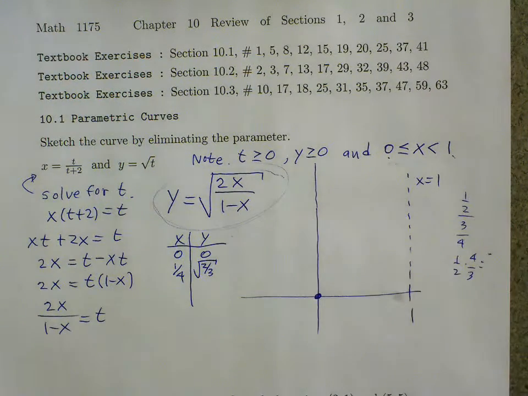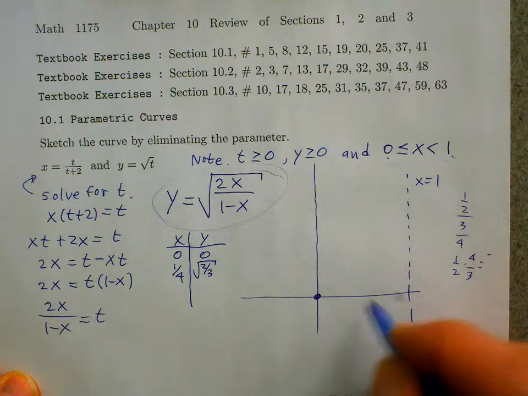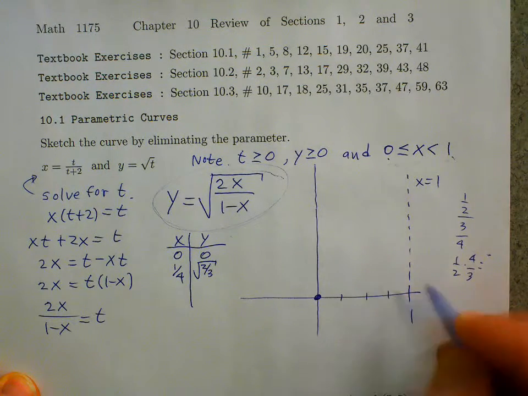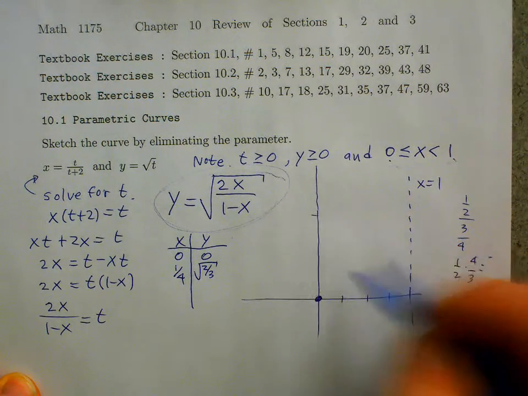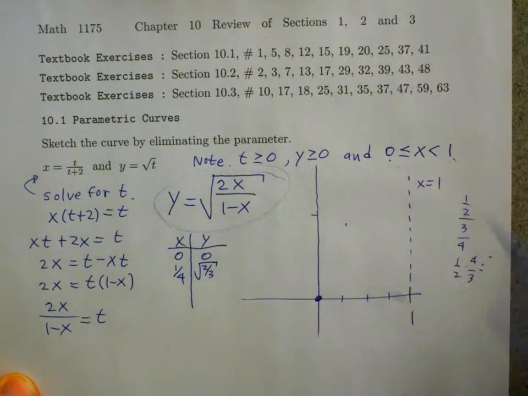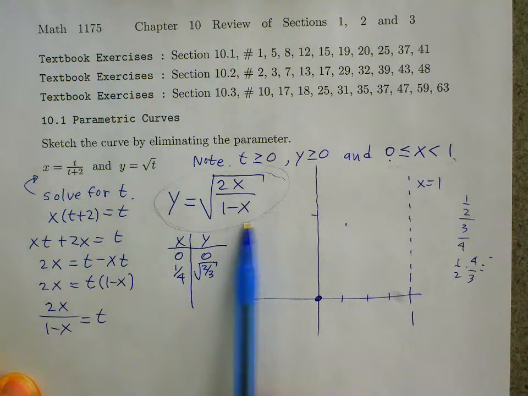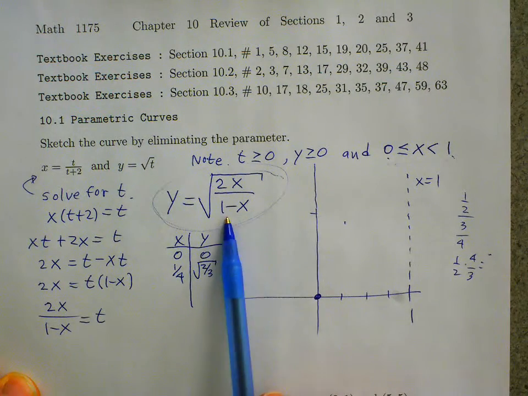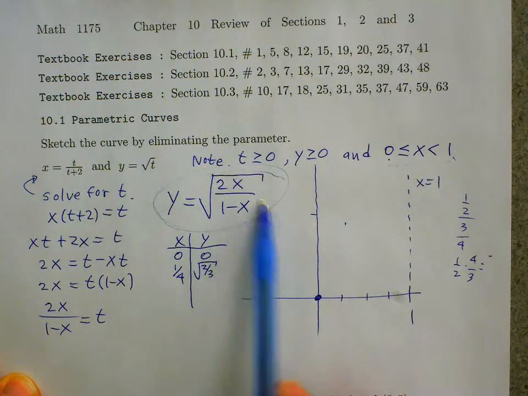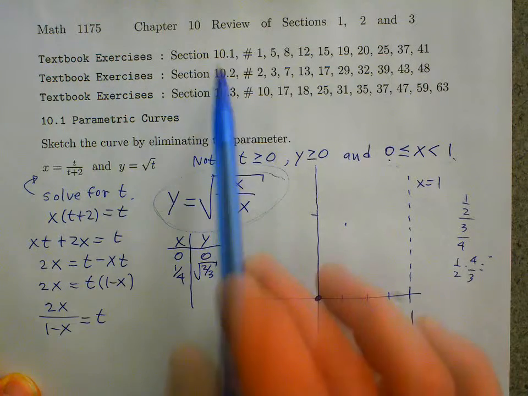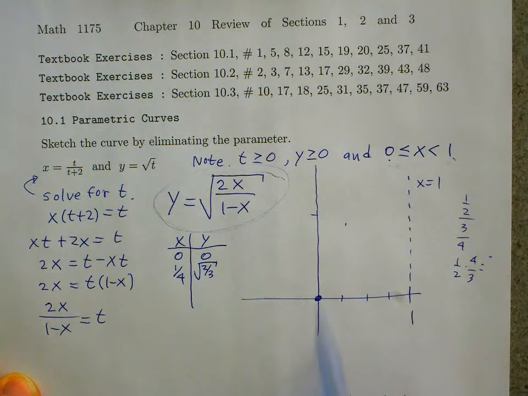So 2/3 is 0.66 and repeating, so the square root of that would be about 0.81, something like that. So it looks like it's going to climb pretty fast, which we expect because when x values get close to 1, the denominator is small, so the number gets large fast, even though we're paring it down by taking the square root of it.